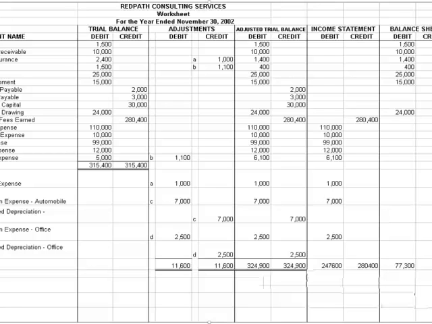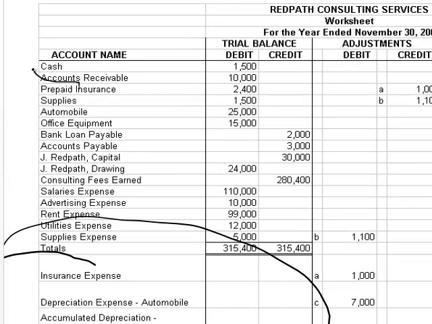You'll notice that down below we have some information that they should have put up into the worksheet for the accounts. What they did is the insurance expense, depreciation expense for automobiles, accumulated depreciation for automobiles, depreciation expense for office equipment, and accumulated depreciation for office equipment.